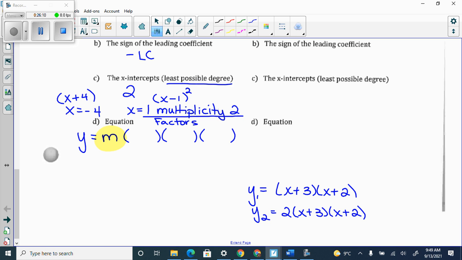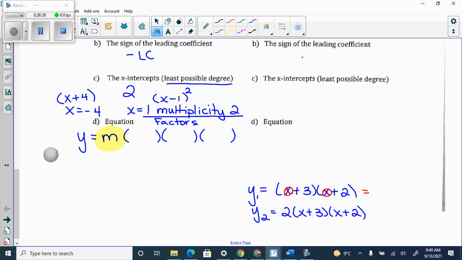What doesn't change? The x-intercepts do not change, right? Because they're both still going to be negative 3 and negative 2. We agree? What about the y-intercept? It changed. Why would it change? Because when I find the y-intercept, I actually put zeros in for these, right?